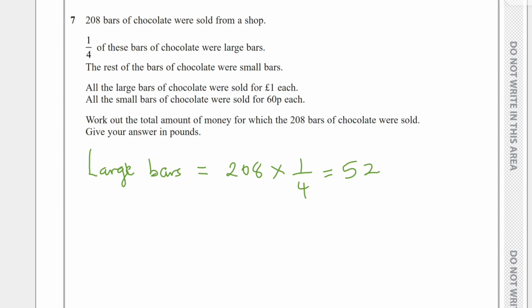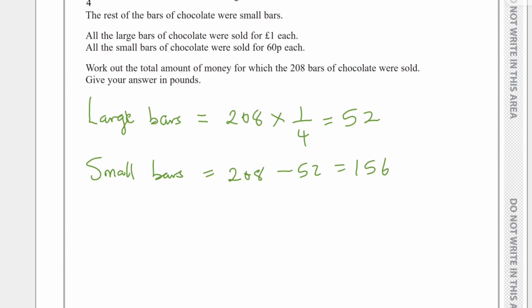The rest of the bars of chocolate were small bars, so that means small bars is going to be 208 minus 52, and that should be 156. All the large bars of chocolate were sold for £1 each, and the small bars were sold for 60 pence each.